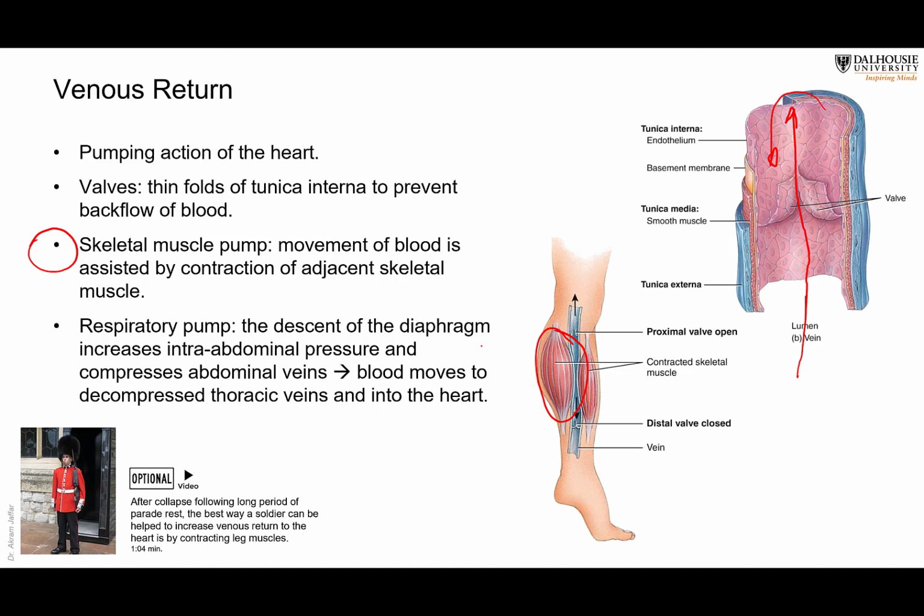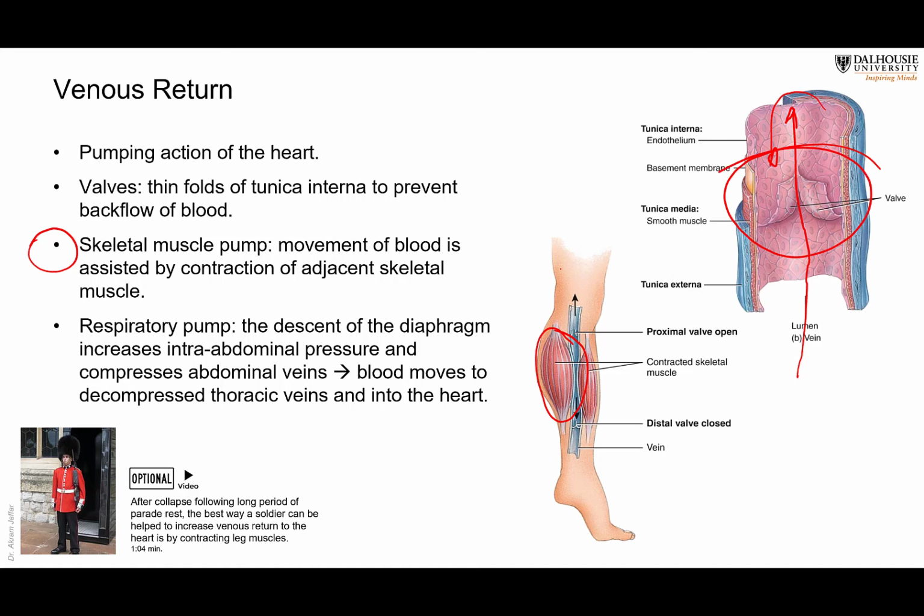Sometimes, even when we yawn or we extend the muscles of the upper limb, all this will result in the contraction of muscles, and it will compress the veins, which already have a thin wall, and it will move the blood. The blood moves in one direction only because of the presence of the valves.